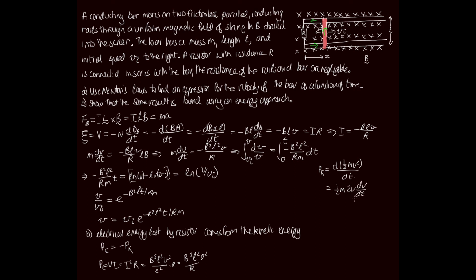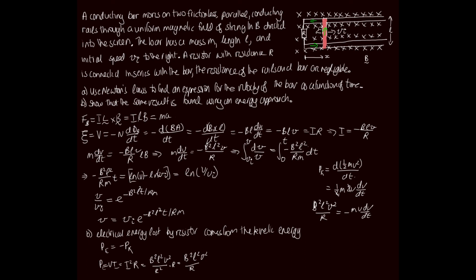dt. And so since P is equal to minus PK, we can say in this case we've got b squared L squared v squared on r is going to be equal to minus, now let's cancel out that half with that 2. So we've got mv dv dt.